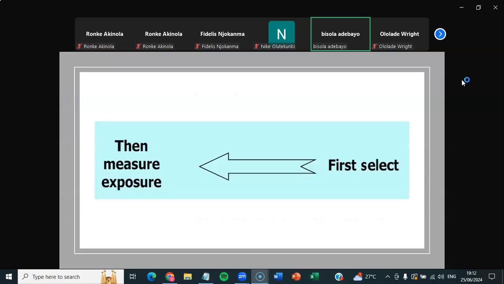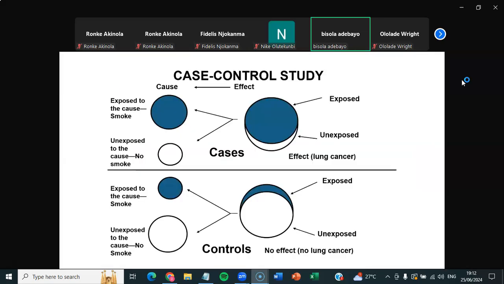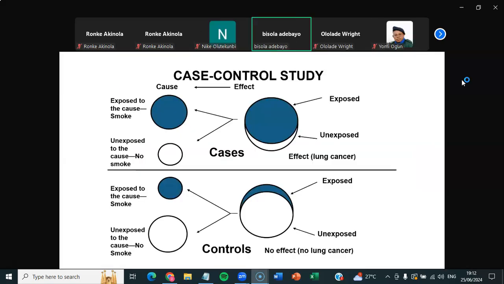So the first thing is that we select our cases and our controls, and then we measure our exposure. So this is how it works. So we have cases, and within our body of cases, we have people that are exposed and those who are unexposed. An example here is lung cancer, and an example of exposure that we might look at is whether or not they smoke.